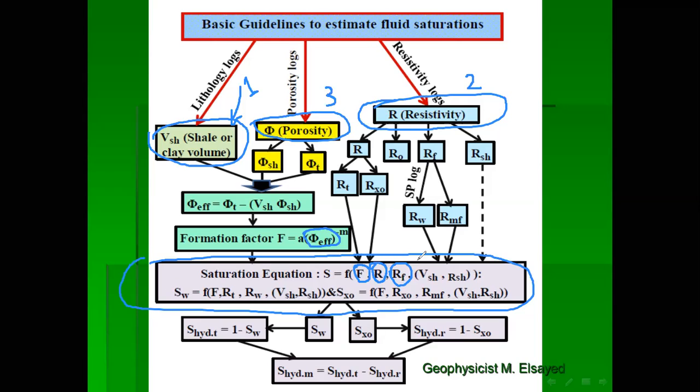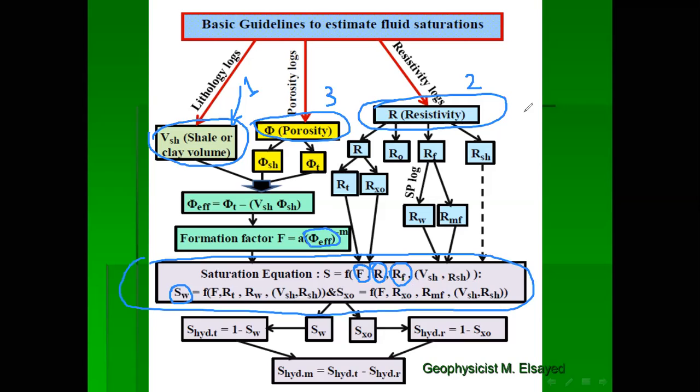So, for example, for the uninvaded zone, the water saturation SW will be a function of formation factor, deep resistivity, and formation water resistivity, and some models will introduce factors for V shale and R shale to make corrections for the effects of shale. While for the flush zone, SXO will be a function of formation factor, RXO, RMF, and some models will introduce V shale and R shale.